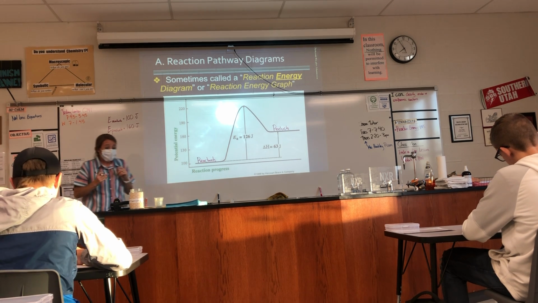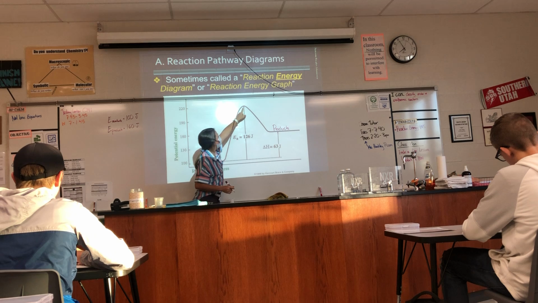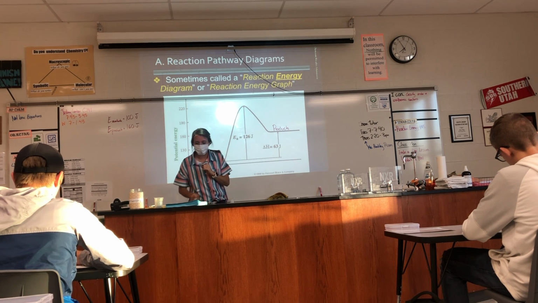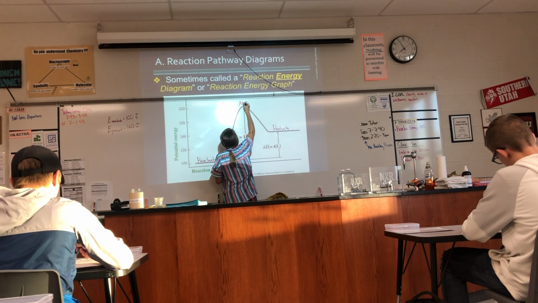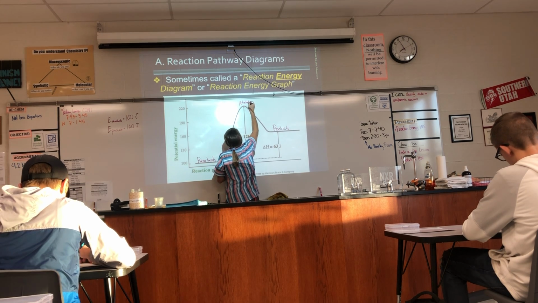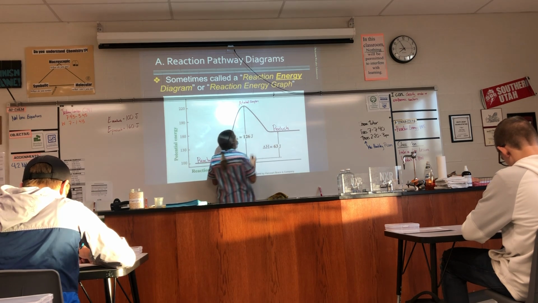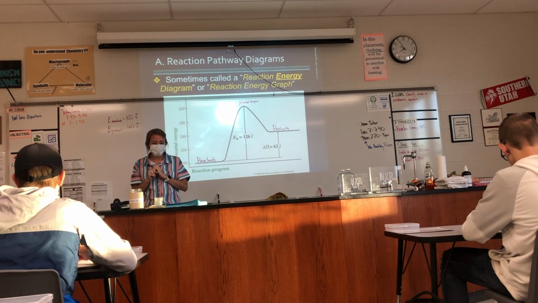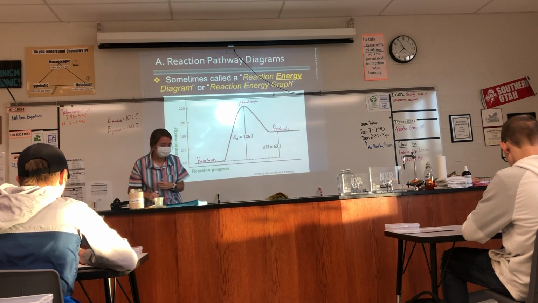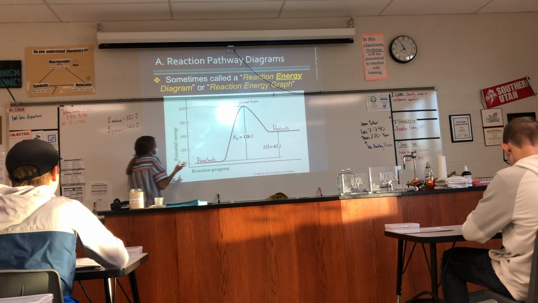Okay? The next thing on our graph is the highest peak. The highest peak of it is known as the activated complex. So for this one, it is about 220.